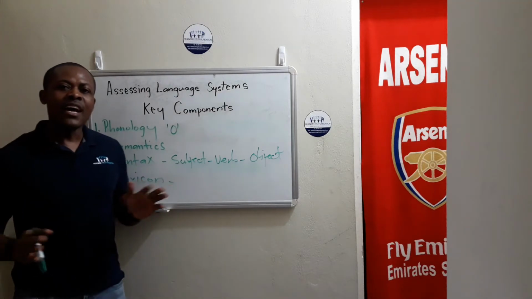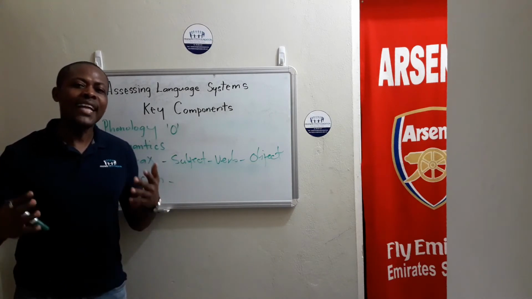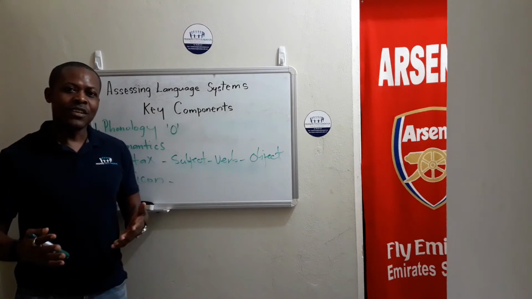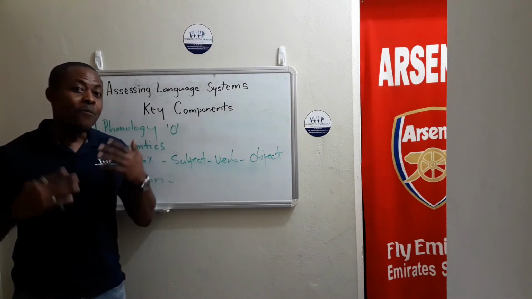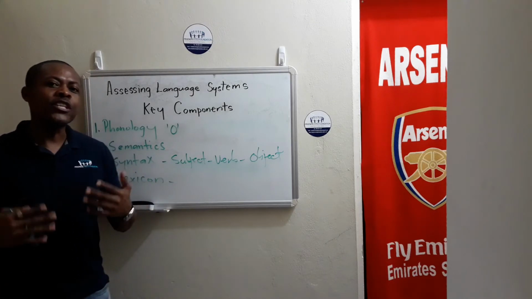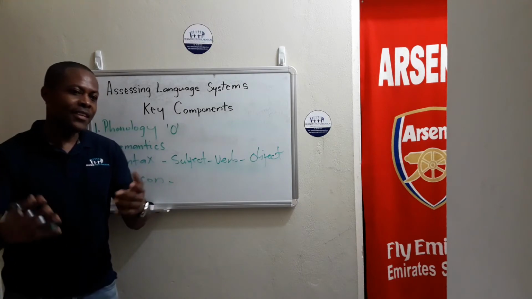All of these are very important in order to understand how a language system works. Phonology speaks to the sound patterns. Make sure you are calling your words correctly and placing stress where they ought to be placed.